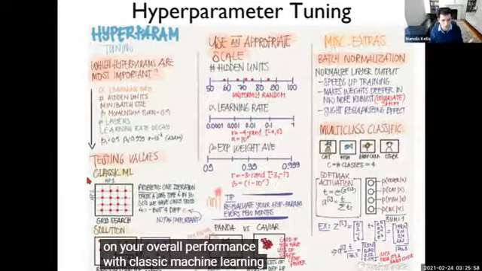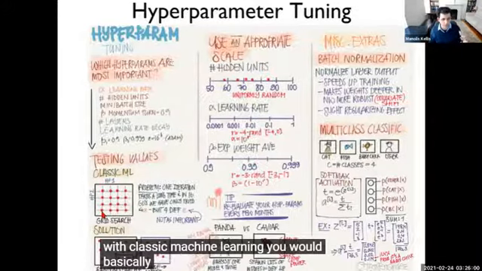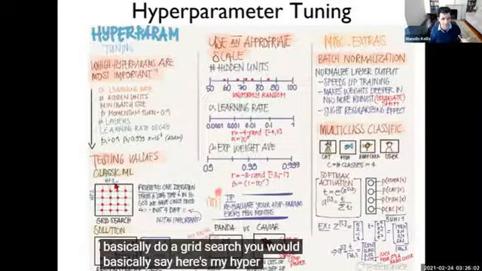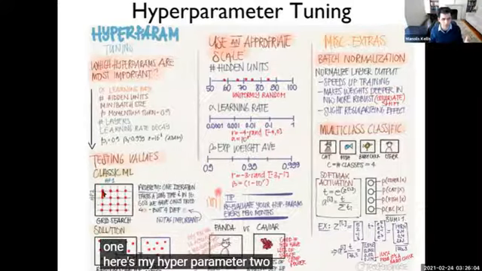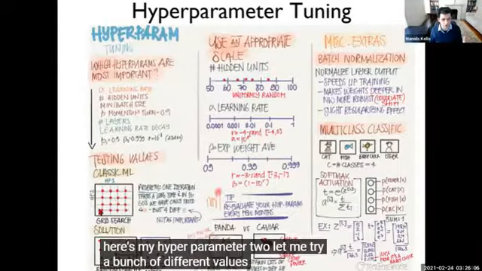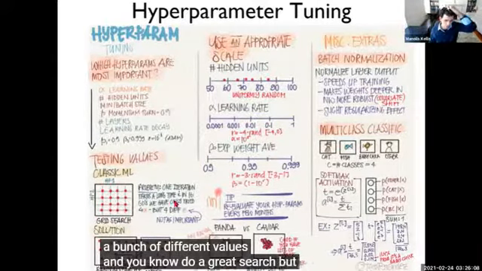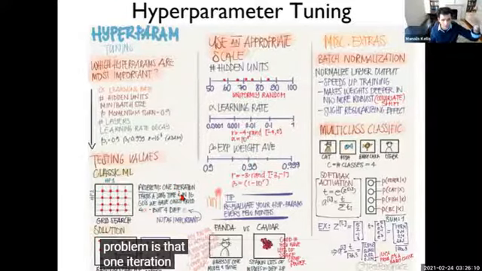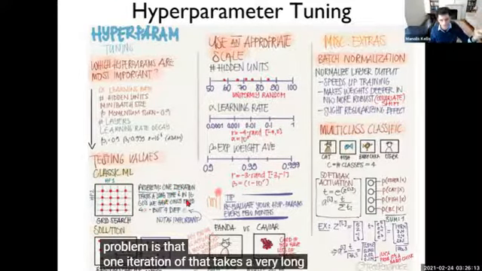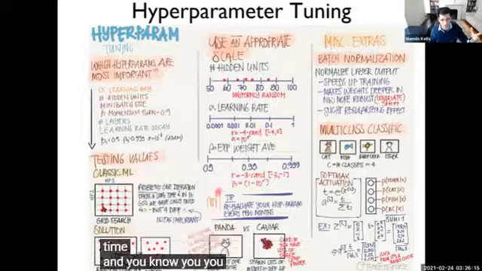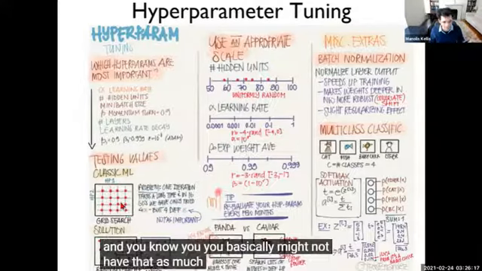With classic machine learning, you would basically do a grid search. You would say, here's my hyperparameter 1, here's my hyperparameter 2, let me try a bunch of different values and do a grid search. But the problem is that one iteration of that takes a very long time, and you might not have that much of an impact.